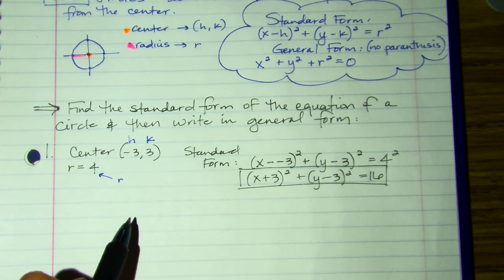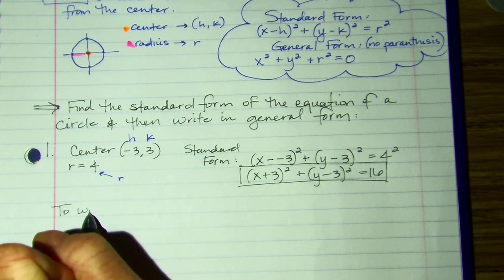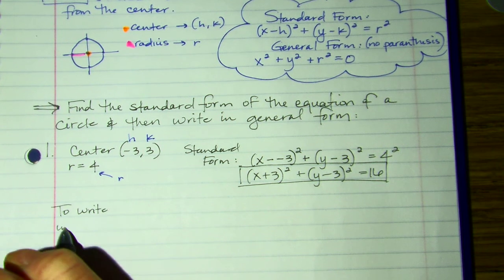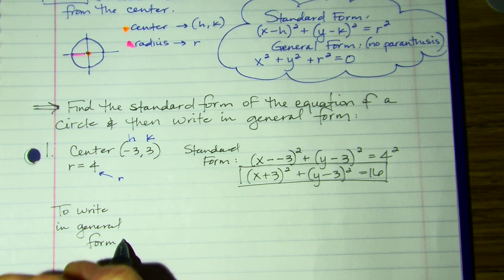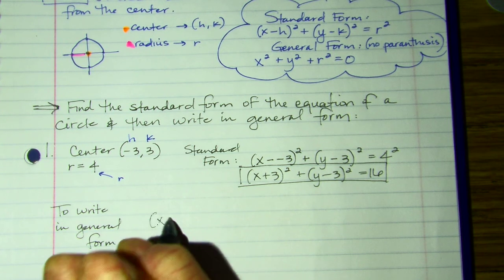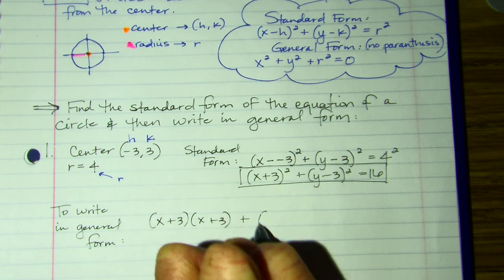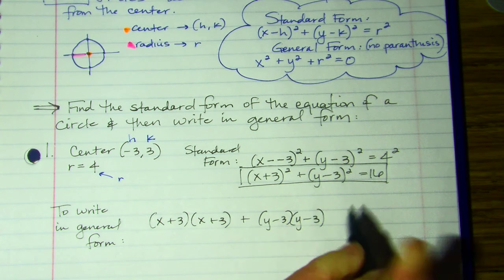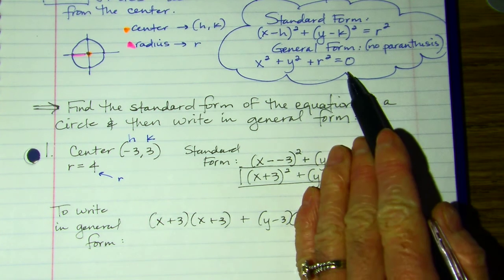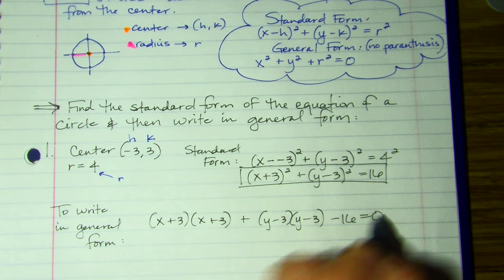Now I'm going to write it in general form. So I first need to distribute my parentheses. And notice general form, I have everything on the same side, so I'm going to have to move my radius.